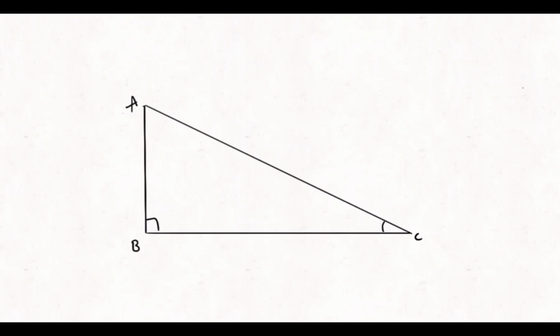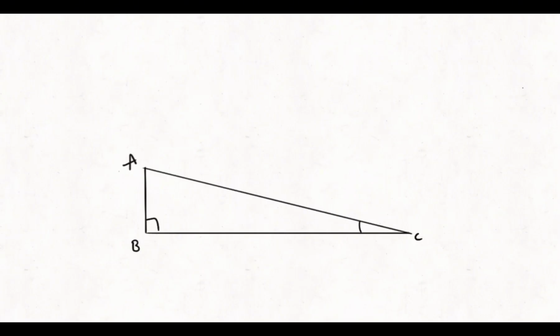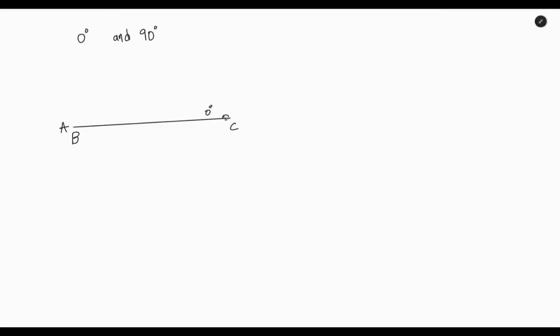So imagine this is 45. Did you observe that side AB is also decreasing? Now assume the angle is 30 or something. Side AB is still reduced. So as you see, as AC is approaching BC, side AB is decreasing and angle C is becoming 0. So when angle C is 0, AB is also 0, and AC coincides with BC.